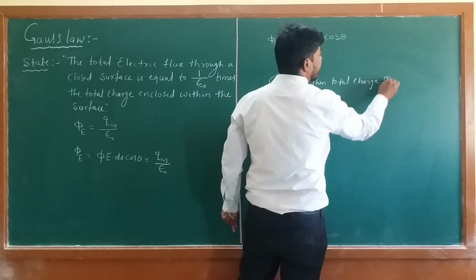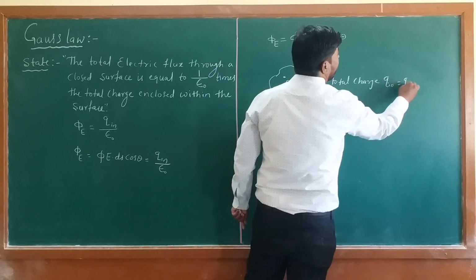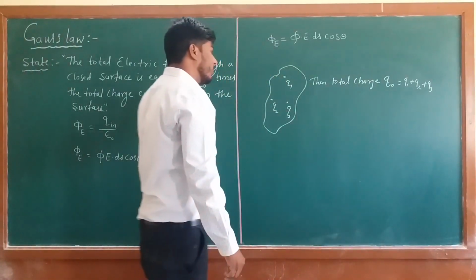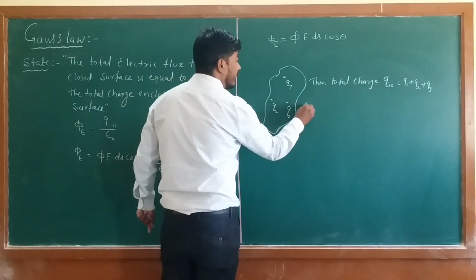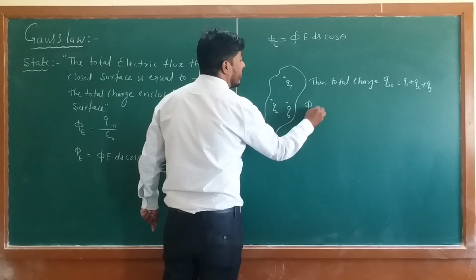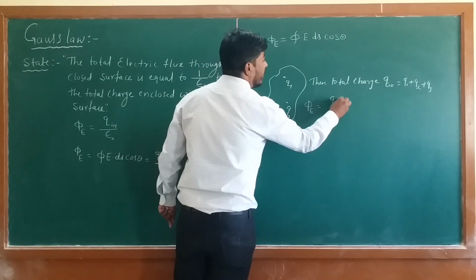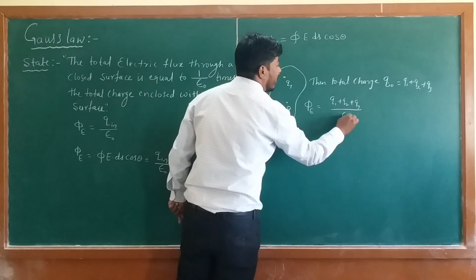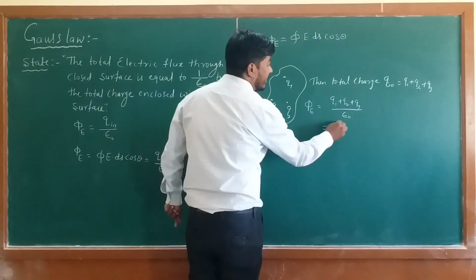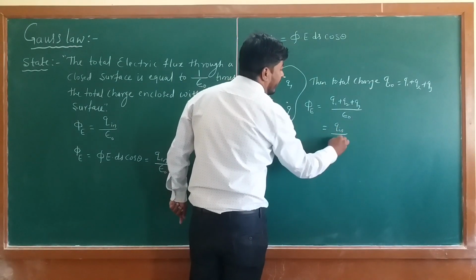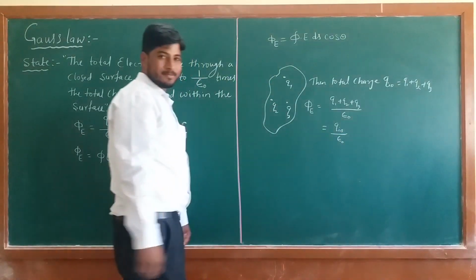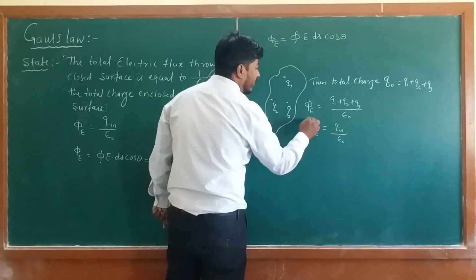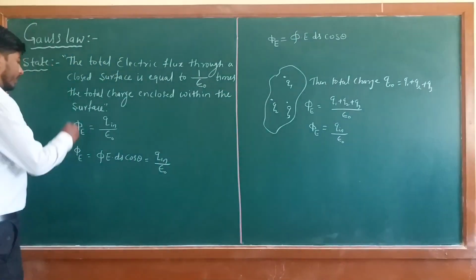The total charge is q in is equal to q1 plus q2 plus q3. Therefore, this Gauss statement is written as phi of E is equal to q1 plus q2 plus q3 divided by epsilon naught, or we can write q in divided by epsilon naught.